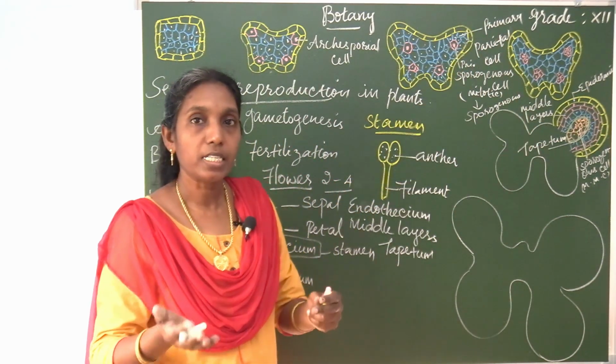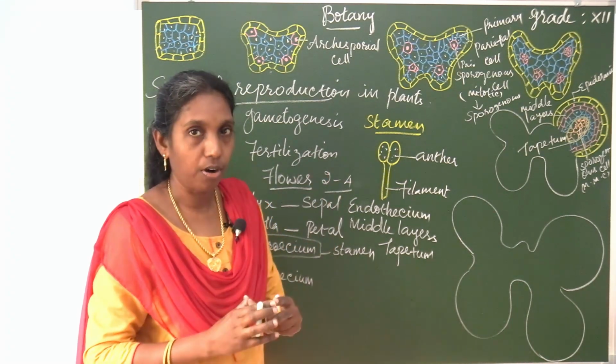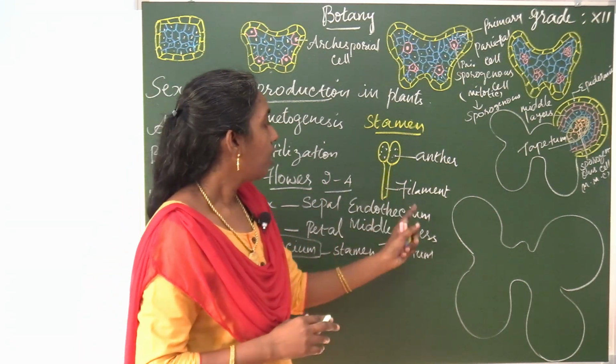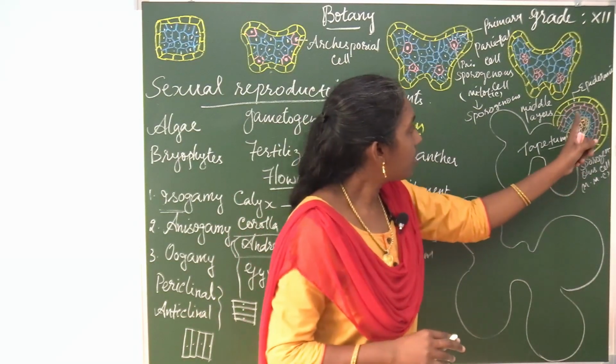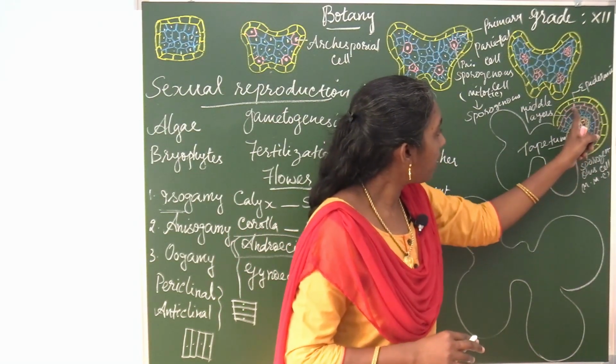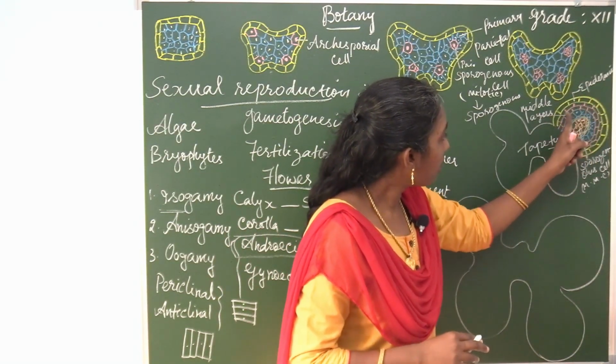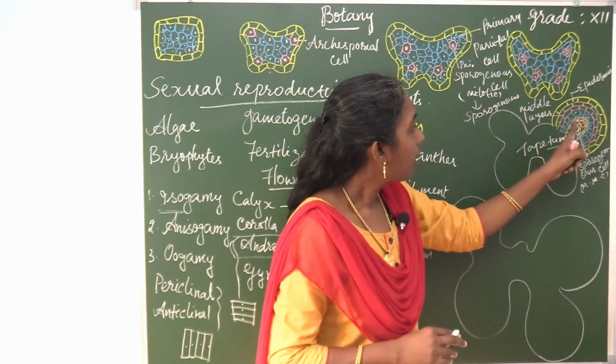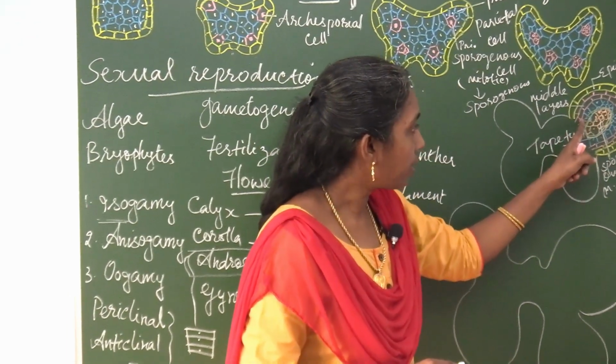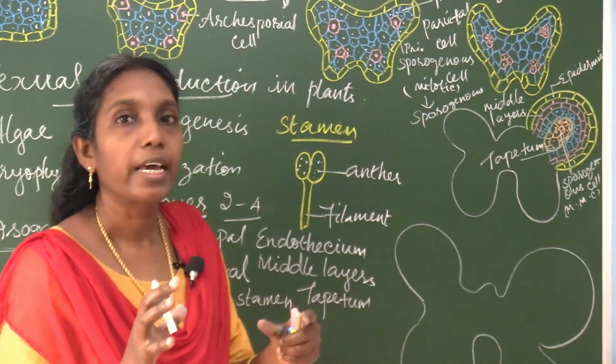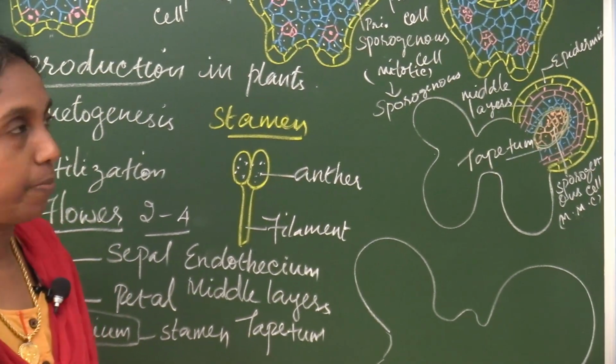What are the wall layers? Here this is the epidermis. Inner to the epidermis is the endothecium, inner to this the middle layer, and inner to this the tapetum.